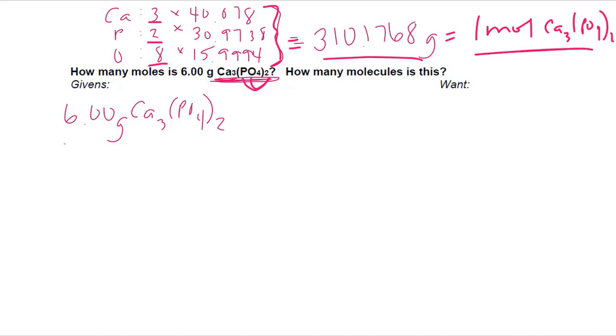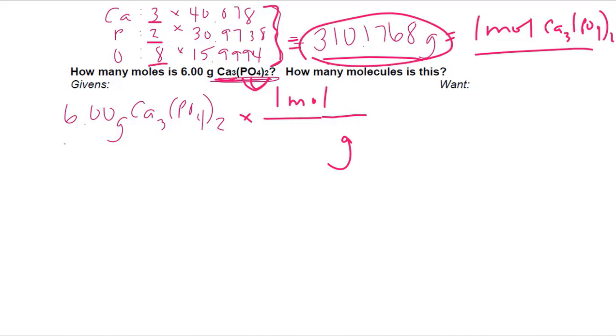Okay, so to figure out which conversion factor we need, I need my grams on the bottom and 1 mole of calcium phosphate on top.